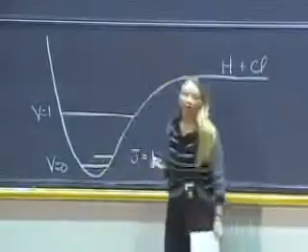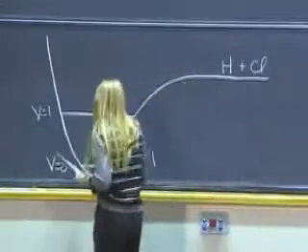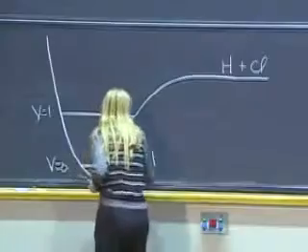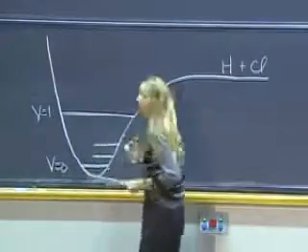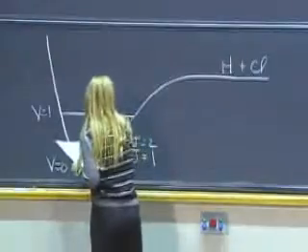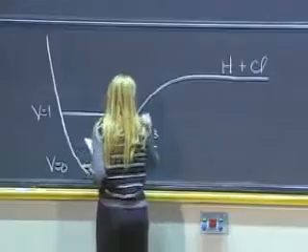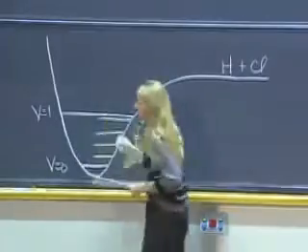We'll call that J equals 1. And then if you have it in the second excited rotational state, well, that's going to be right there. We'll call it J equals 2. And the third rotational state, well, that's going to be right there. We'll call it J equals 3. And the fourth, J equals 4. Okay?